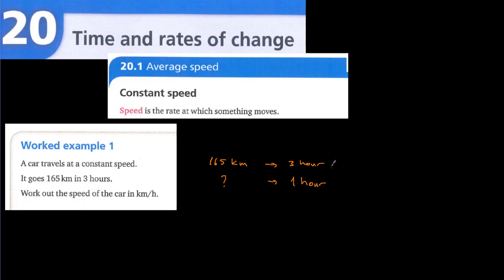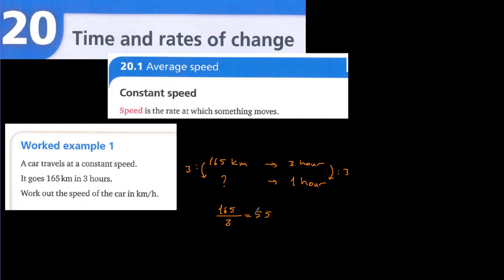So to reach from 3 hours to 1 hour, you are going to divide by 3, and from this one to this one, you are going to divide by 3 again. So if it goes 165 kilometers in 3 hours, it means 165 divided by 3 is equal to 55.